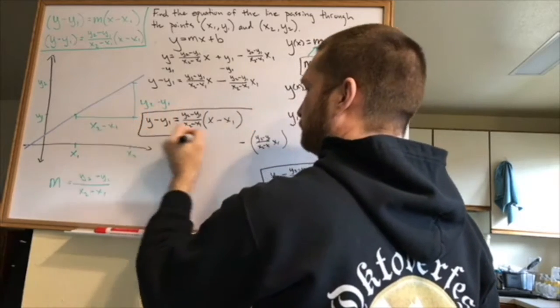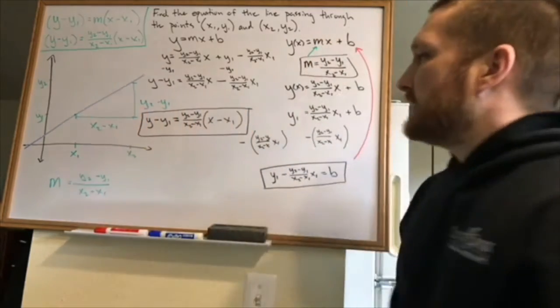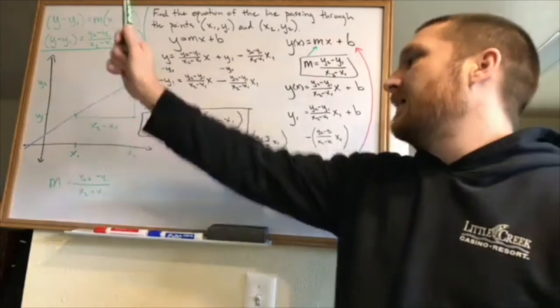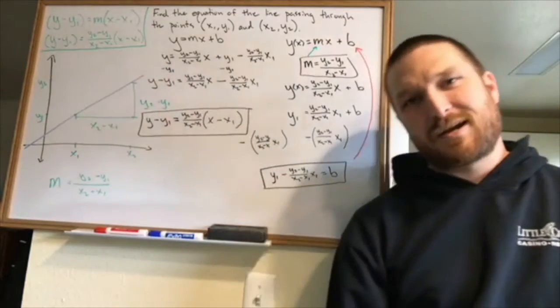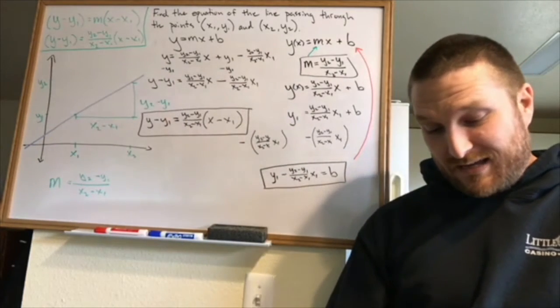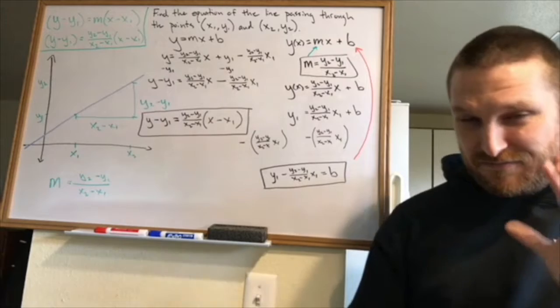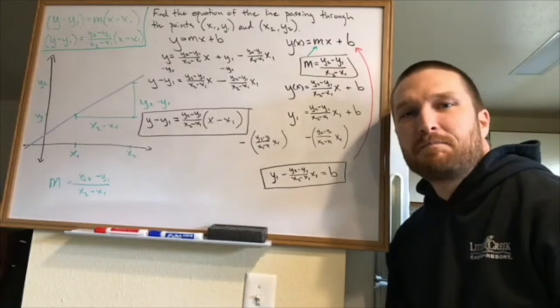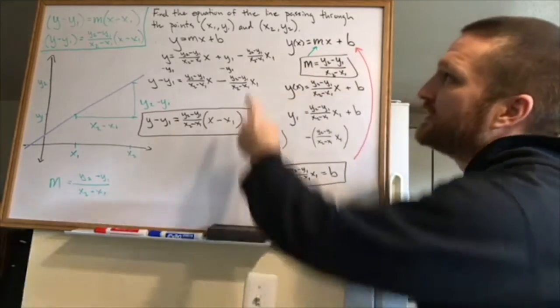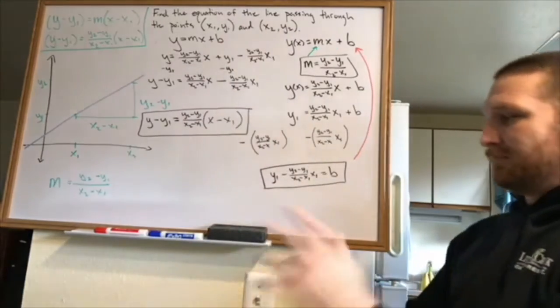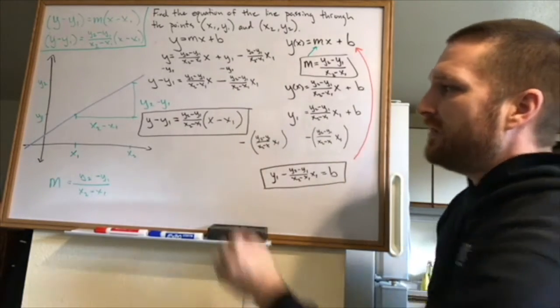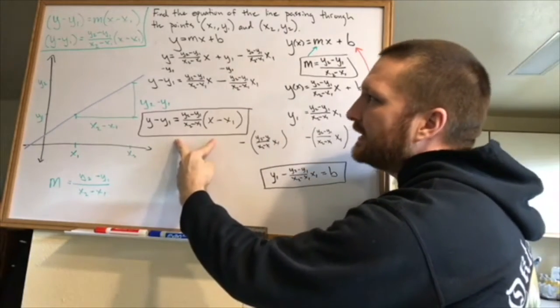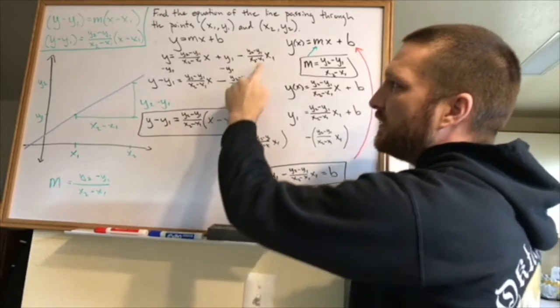And what do you know? It's exactly the same as that equation, right? Now, why do they do that? I feel like what they do is they want to give you a general formula so that, given any two points, you could just plug them in. And this does look slightly more simple than this right here.